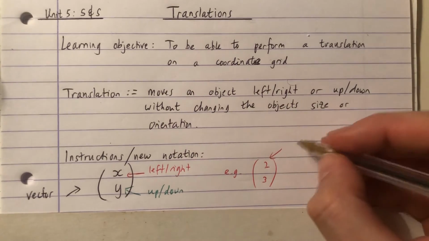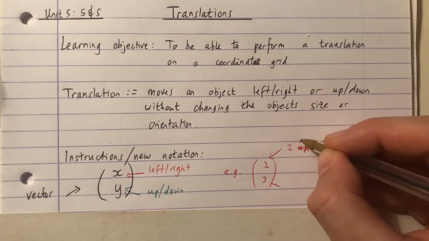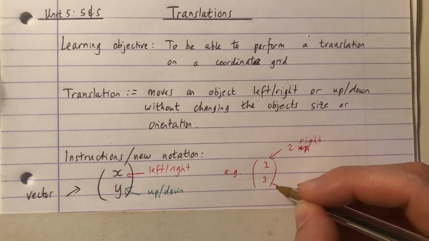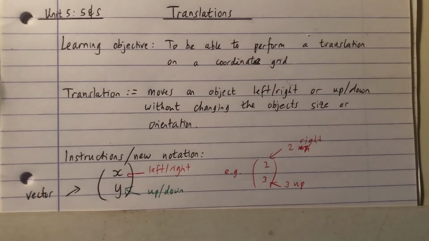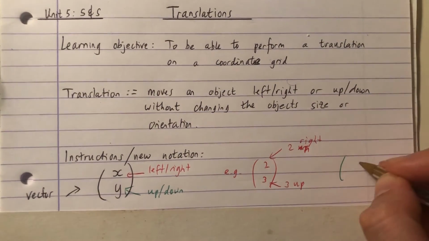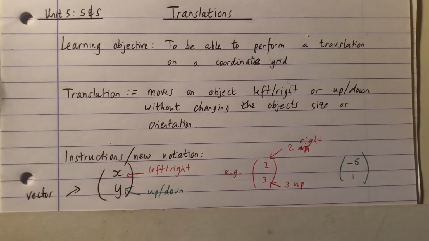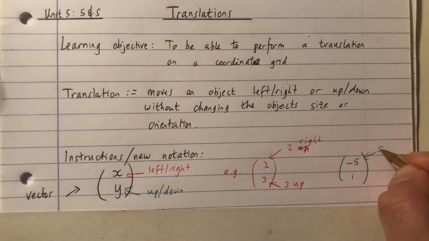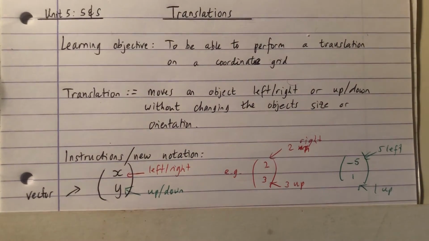So that is 2 right, 3 up. And let's just take another one. That would be 5 left and 1 up.